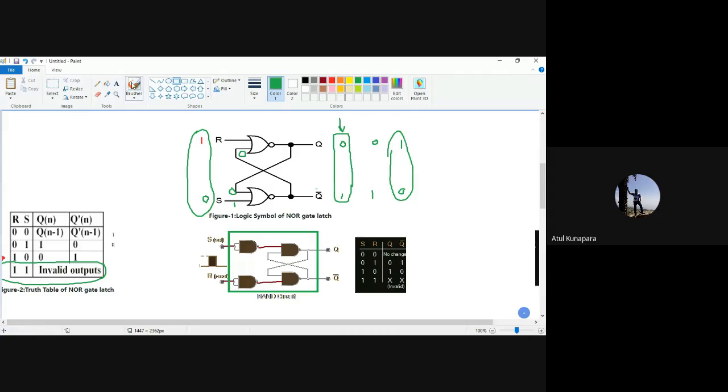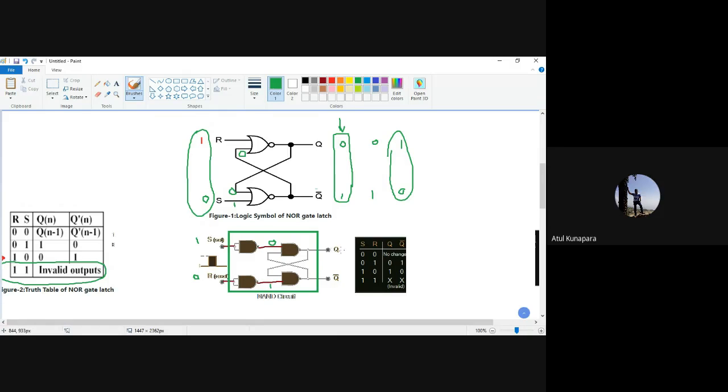Let us say, suppose now I want my output Q to be set. So I have to give set input 1 and reset input 0 here. So what it will do, this is a NOT gate, so it will give you 0 here, and it will give you 1 over here, right? Because 0 to 1.